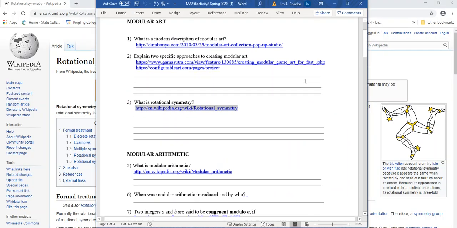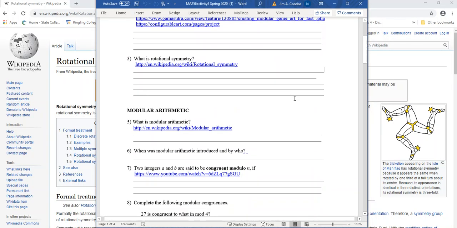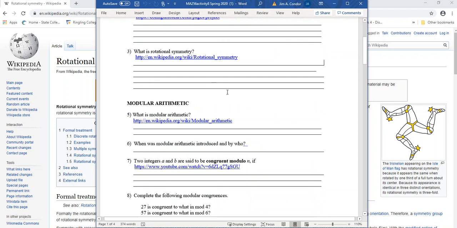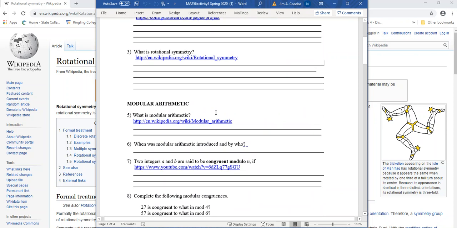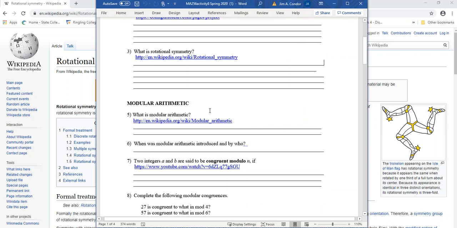All right, so again, we can have twofold, threefold, fourfold rotational symmetry. And we're going to talk about fourfold and modular arithmetic. So we're just going to talk about one type, fourfold rotational symmetry and modular arithmetic. In fact, it's just going to be modular addition.